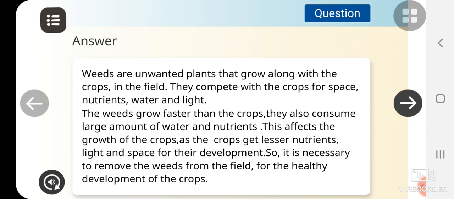They also consume large amount of water and nutrients for their development. So, it is necessary to remove the weeds from the field for the healthy development of the crops.